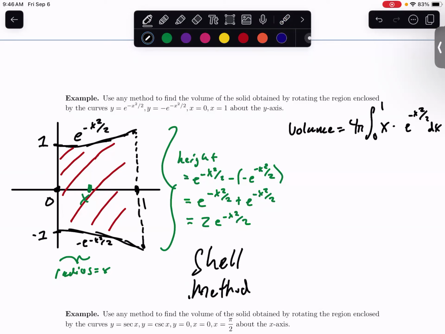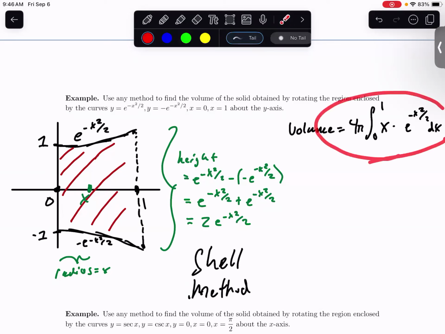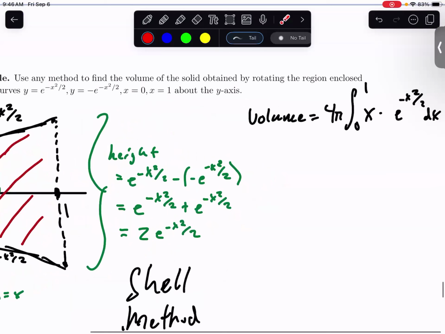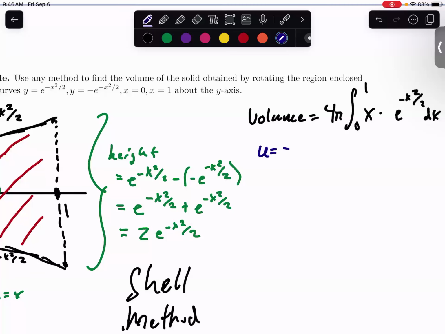And so if I wanted to solve this integral, what technique should I use? Anyone see? Yeah, we want to use substitution. You don't have to do this if you don't want to. You might be able to see what the integral is without using u substitution, but you have e to some function of x, so using u substitution is a good idea. We'll let u be equal to minus x squared over 2.